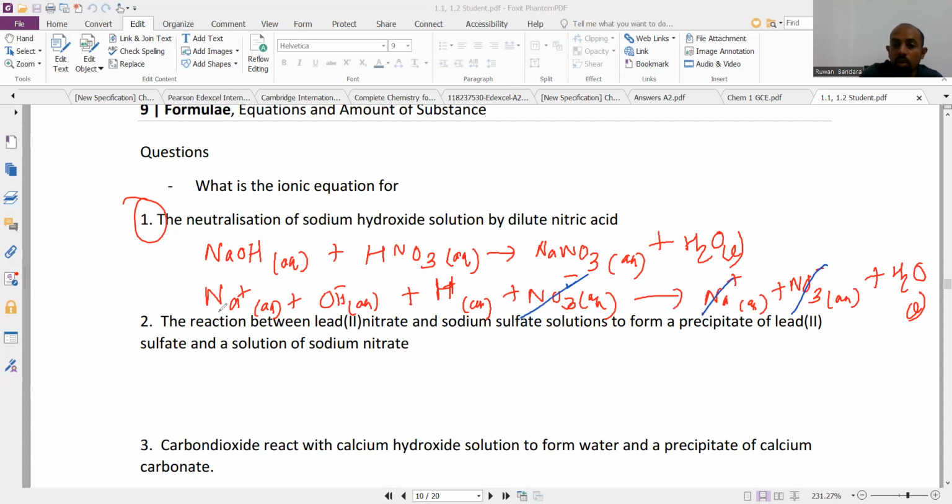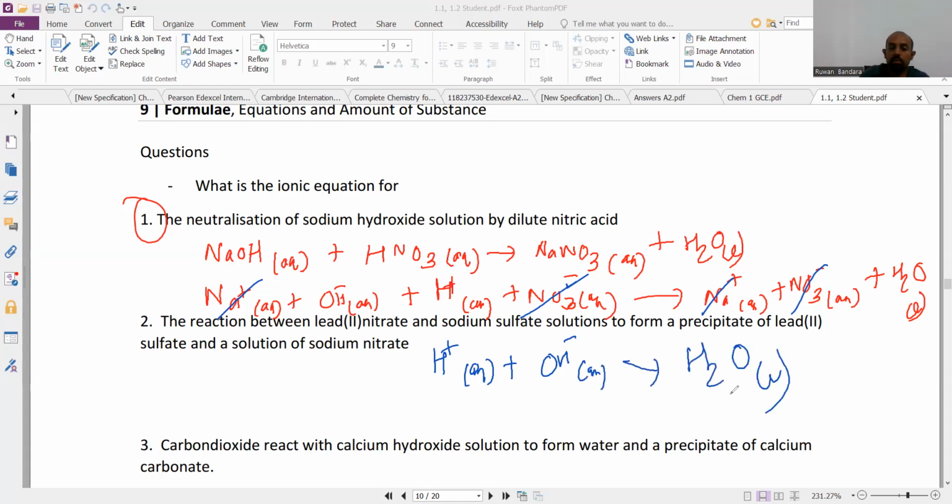So sodium and nitrate ions are spectator ions. So the ionic equation is H+ (aq) + OH- (aq) → H2O (l). This is the ionic equation.